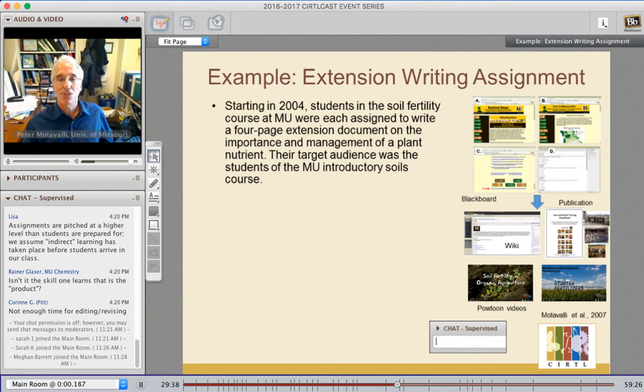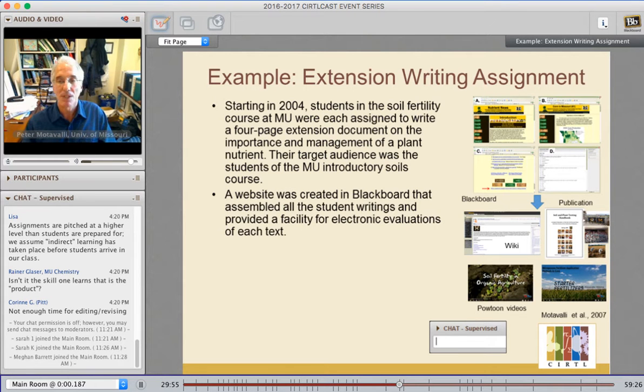So the students, each one of them, wrote an extension document, and they worked in groups on specific areas and assembled their publication. And I put this up on the web.